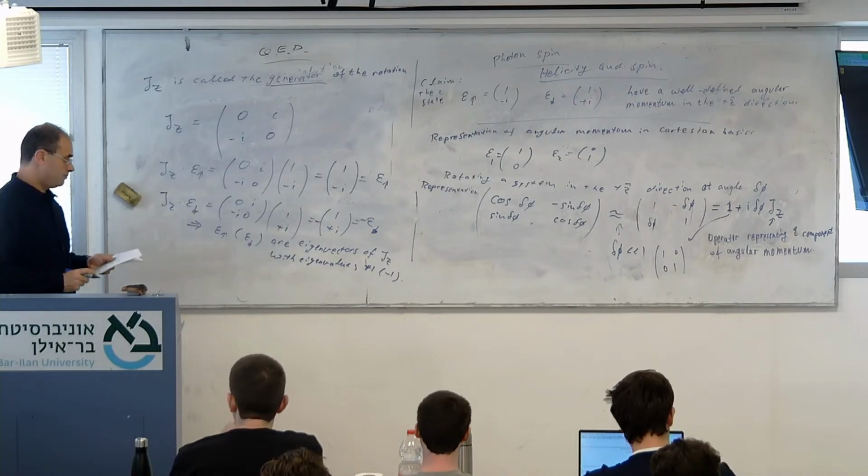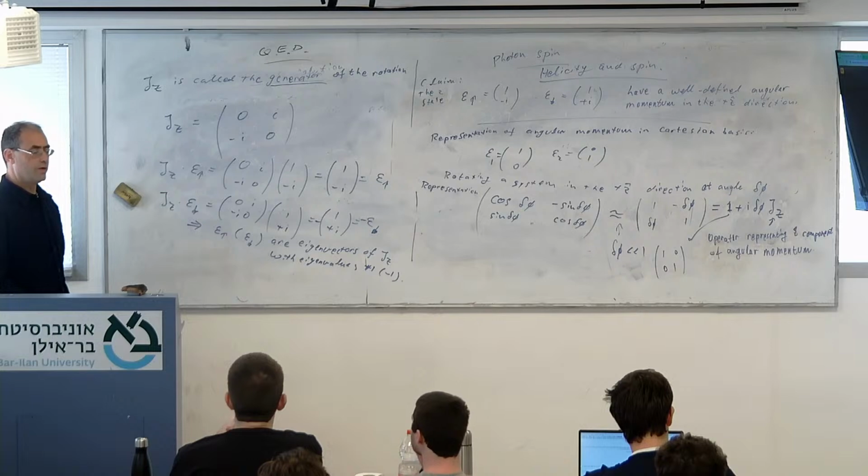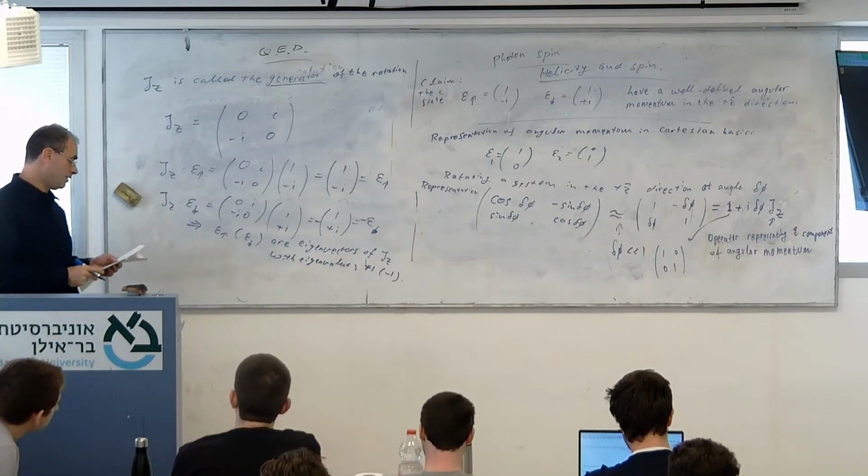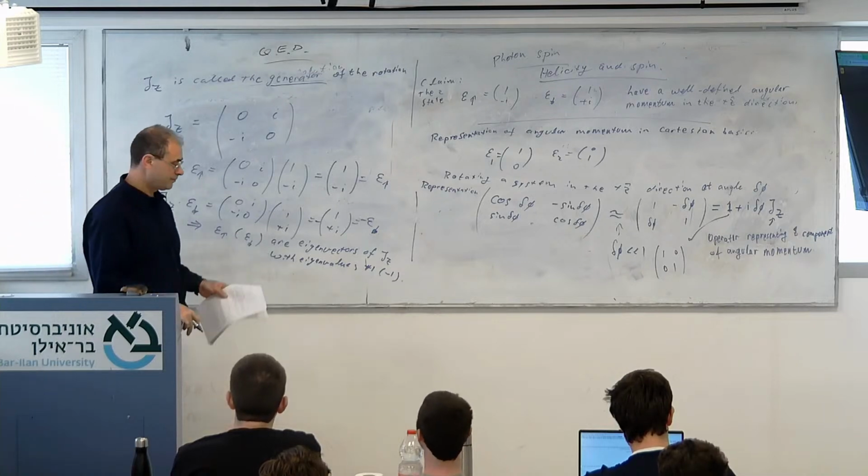Which means what? That when I measure the angular momentum in the z direction, I get either plus or minus 1. Right?